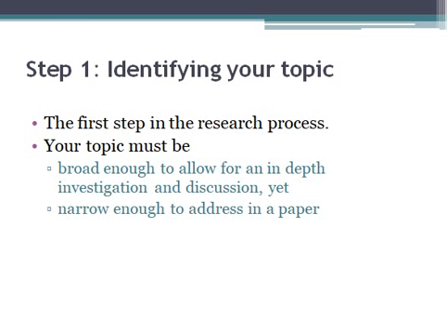So your topic should be broad enough to cover such a level. The second thing, it must be narrowed down to an extent that you can address your thesis. You can deal with your thesis thoroughly and completely. This is a very important point.